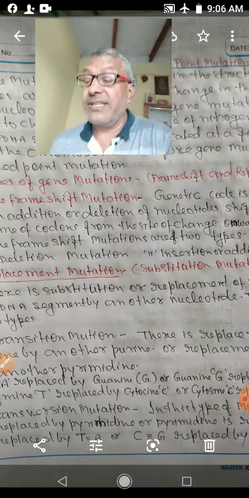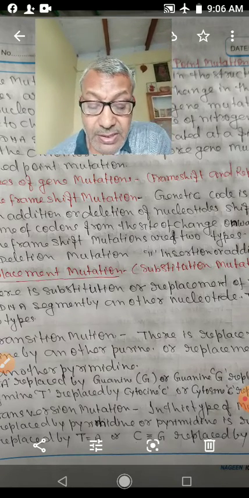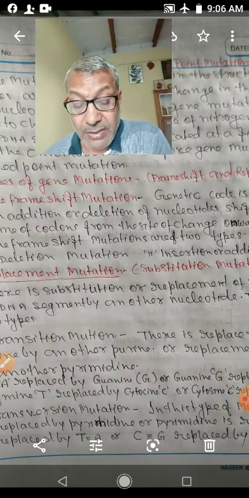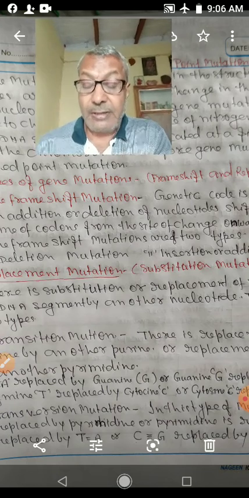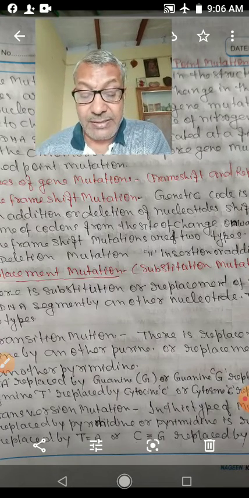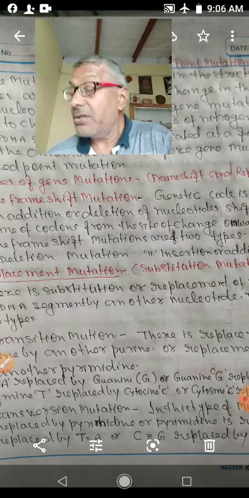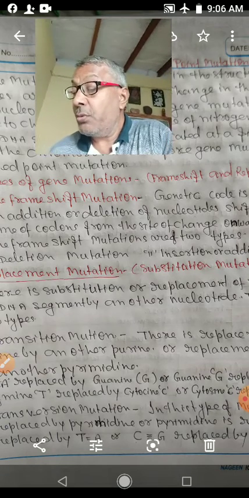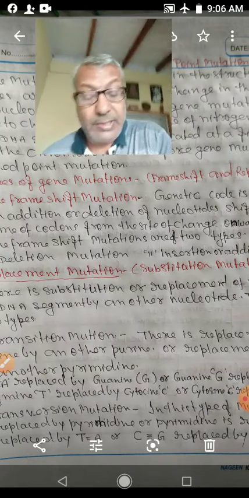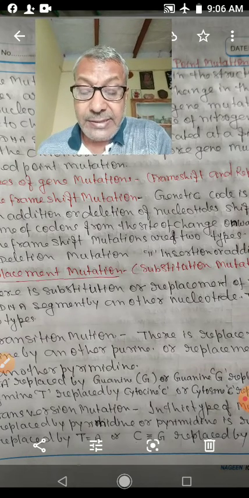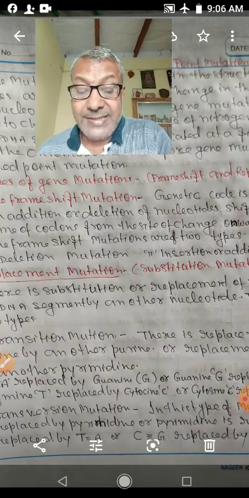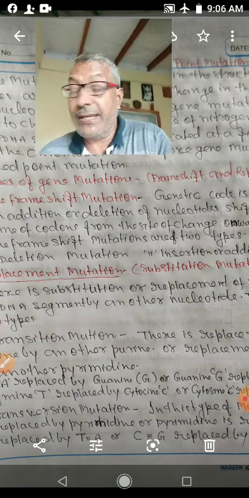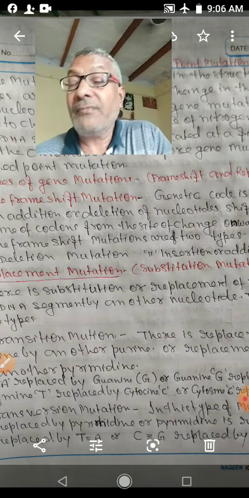Next is transversion mutation. In transversion mutation, a purine is replaced by a pyrimidine, or a pyrimidine is replaced by a purine. So this is called transversion mutation. So it means adenine-thymine replaced by thymine-adenine, or cytosine-guanine replaced by guanine-cytosine.